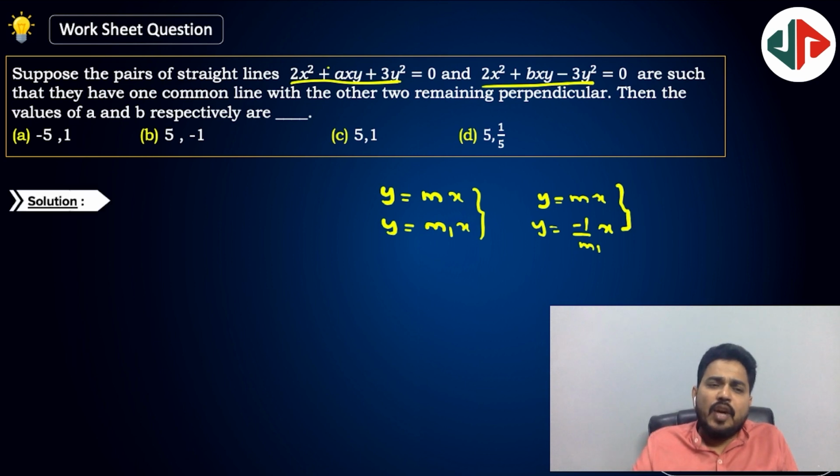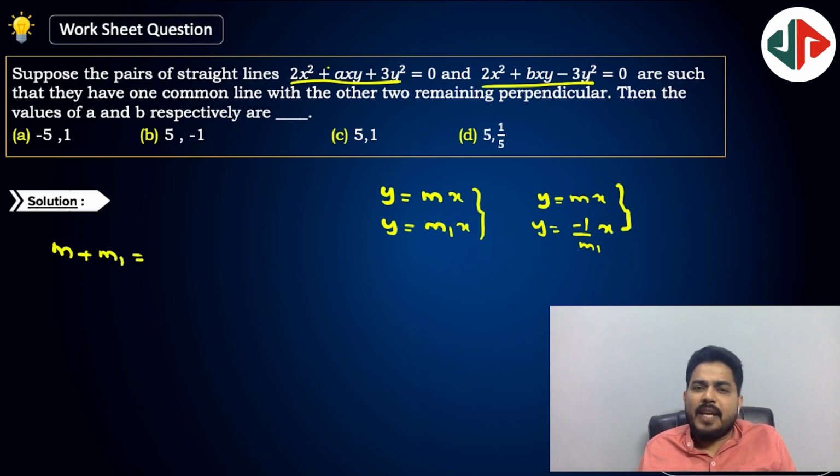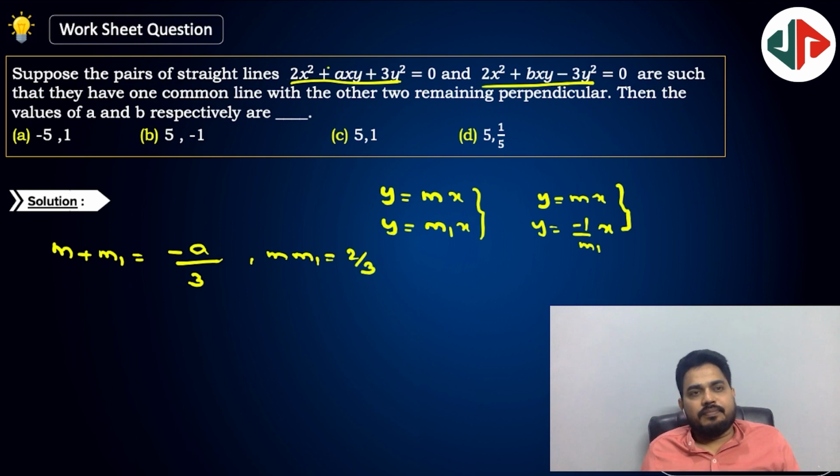So you can go ahead with m plus m1 is equal to minus 2h by b, and m1 is equal to a by b. So that is 2 by 3. Okay.